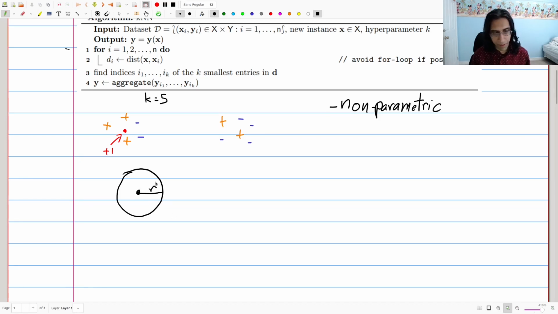But sometimes, depending on which setting we're in, other types of geometries might be relevant as well. Let me say that this is the L2 ball. Let me draw another type of ball, what's known as the L1 ball. This is the L1 ball of radius r.